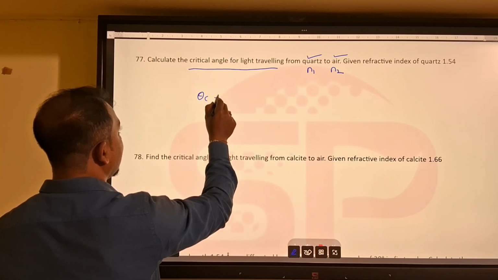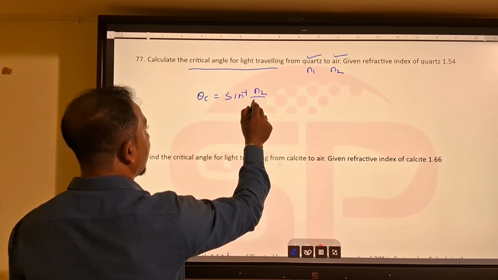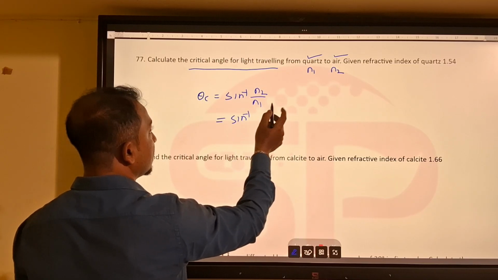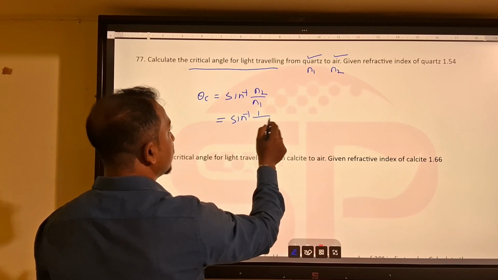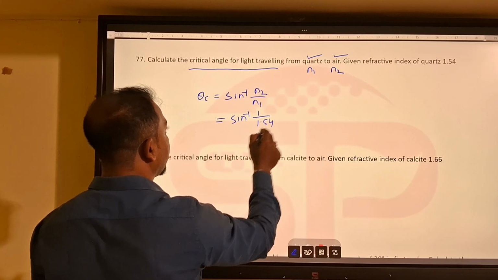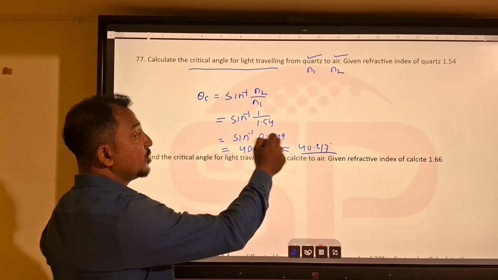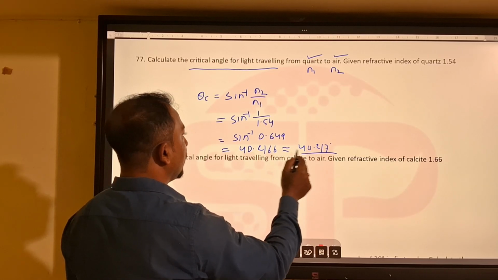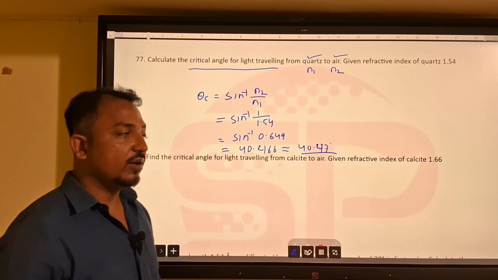So theta c is equal to sine inverse n2 by n1. n2 is 1, n1 is 1.54. So it will be sine inverse 0.649, approximately 40.466, or if you round to 2 decimals, 40.47.